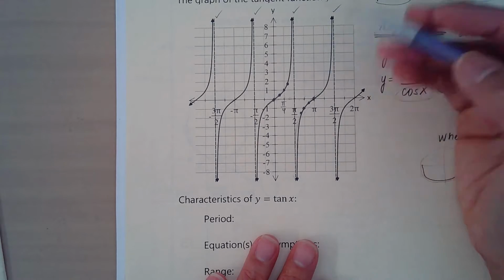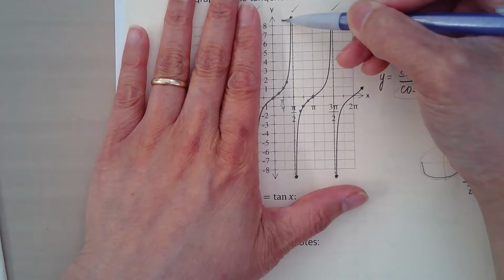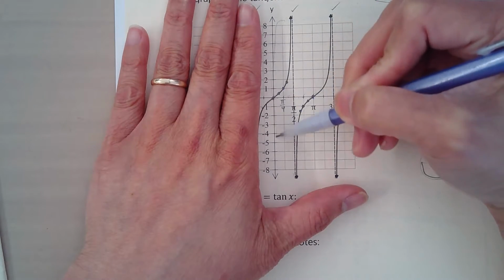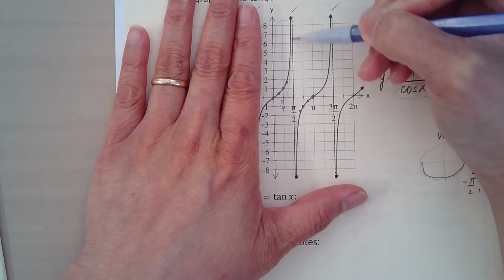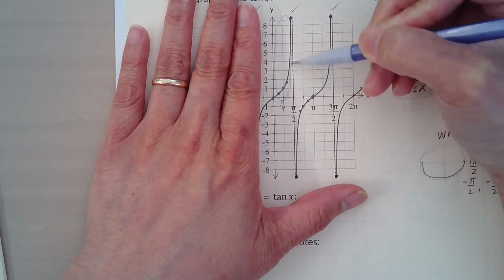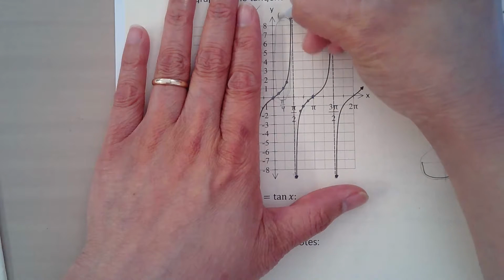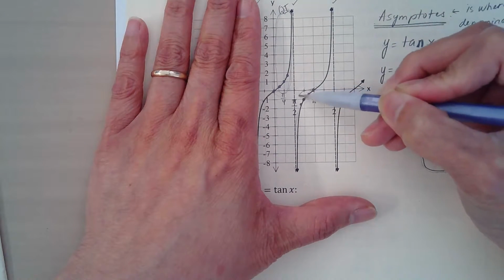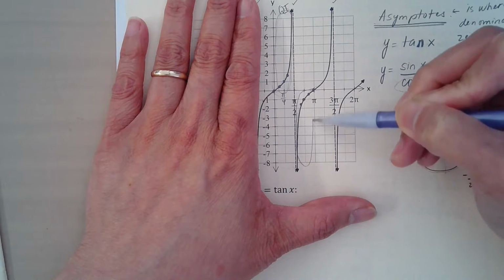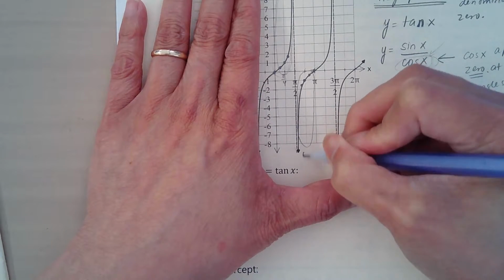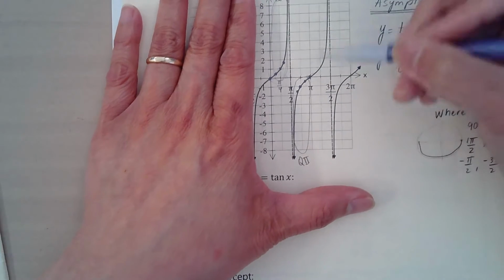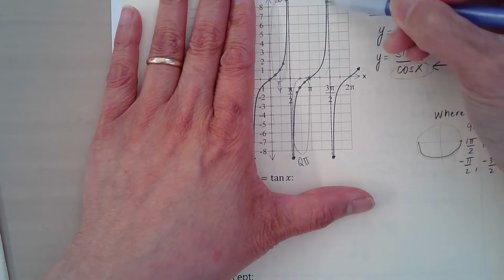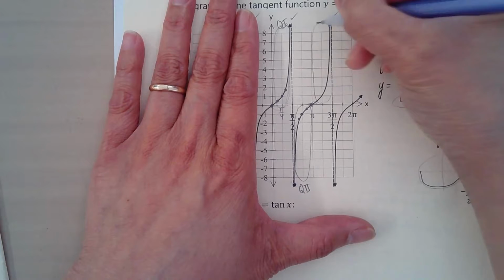So this part here, what quadrant are we operating in? This is quadrant 1. Which quadrant are we operating in here? Quadrant 2. Now, which quadrant here? Quadrant 3.